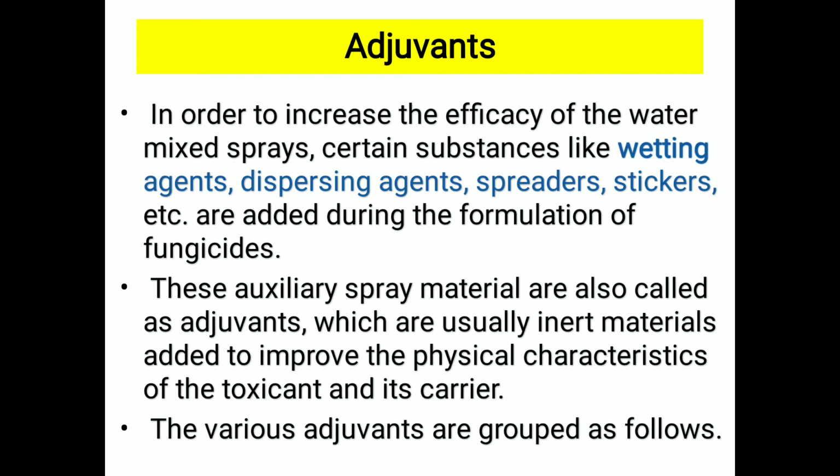The different physical or chemical characteristics of that fungicide also improve. So a product used to increase the efficiency of fungicides is called an adjuvant. So what are the different types of adjuvants? Let us see one by one.